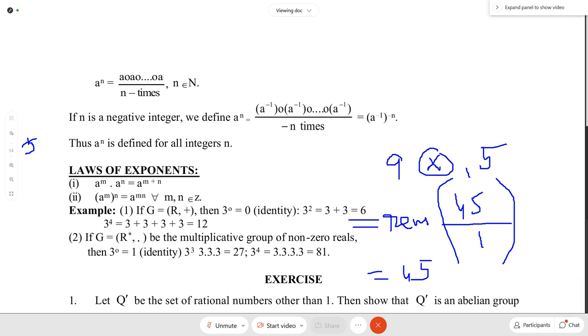Is there anyone else? Any other question? It is the remainder when I am dividing 9 into 5 by 1. The remainder is 45. Did I say wrong? You are not correcting me also. What is the remainder when I divide 45 by 1? I wrote wrong. Yes, the remainder is 0.